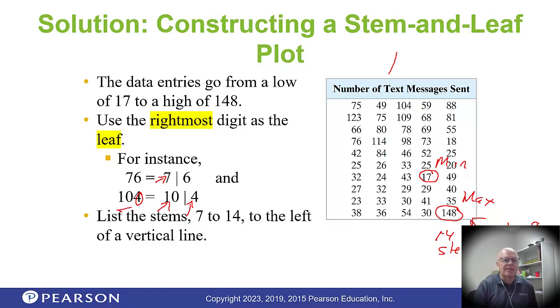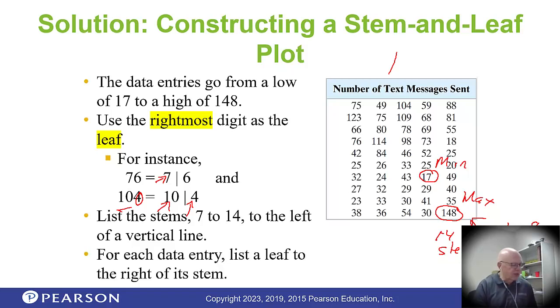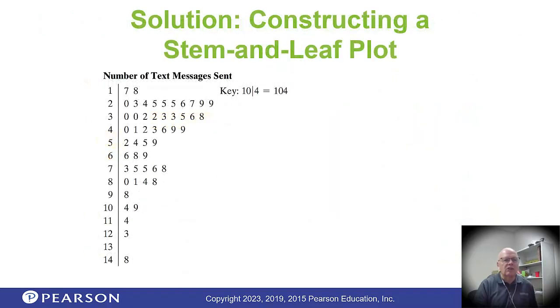So list the stems all the way from 7 to 14 on the left, and then put a vertical line after them. For each one, you have the stem, and you put the leaf to the right. Here's what it looks like. So, for example, this represents 17 we talked about earlier, the minimum.